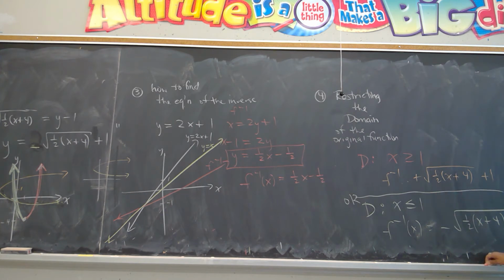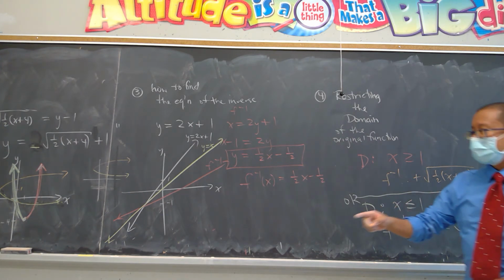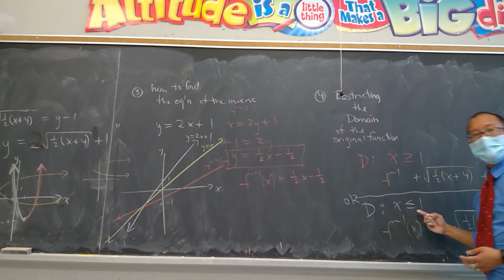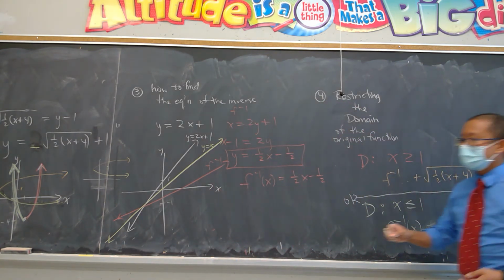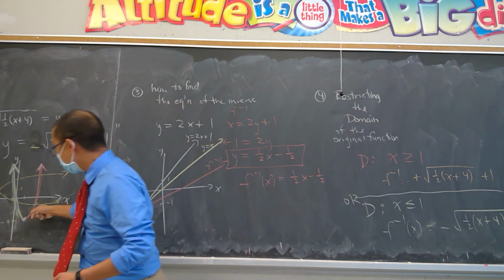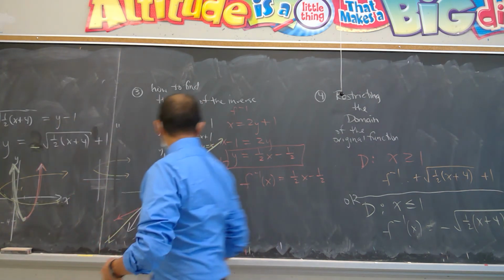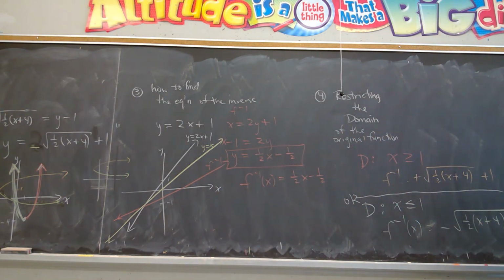For example, if we went less than 2, it would be this portion. From less than 2, it would be from this part here. And that would correspond to this, and I'll just draw it over here. If x was less than or equal to 2, it would correspond to this portion.